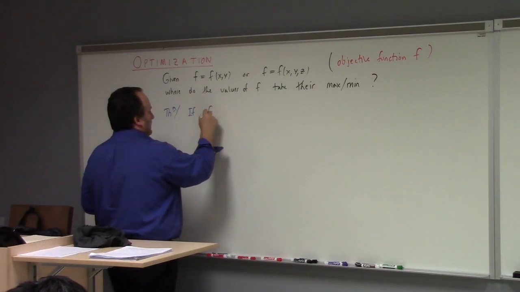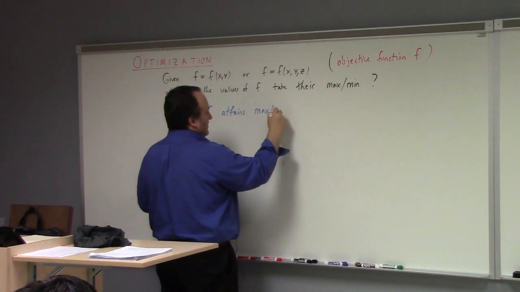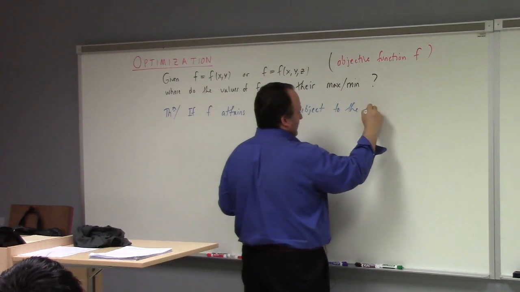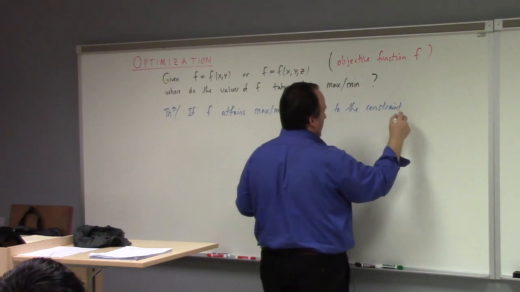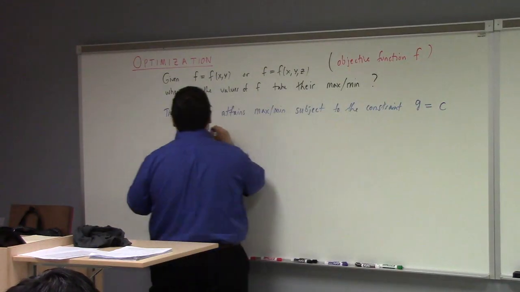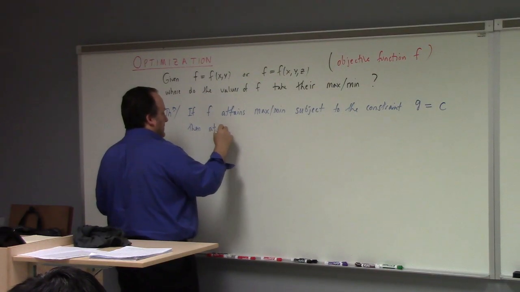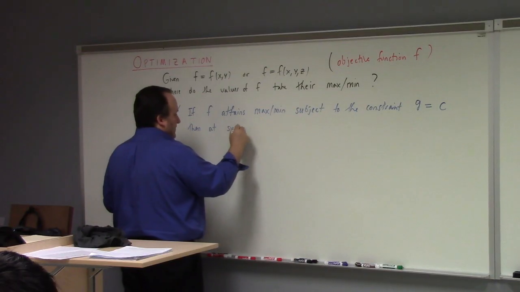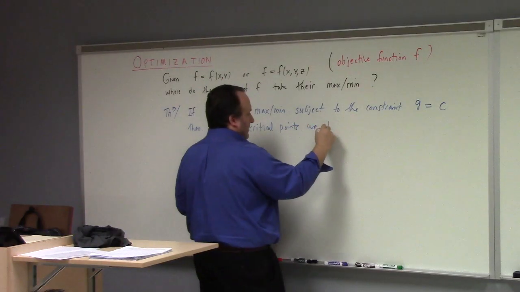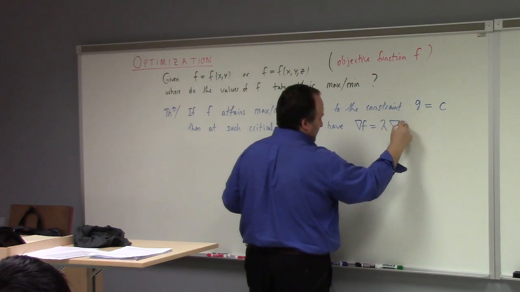If f attains a maximum or minimum subject to the constraint g equals a constant, then at such critical points, we have the gradient of f is equal to lambda times the gradient of g.